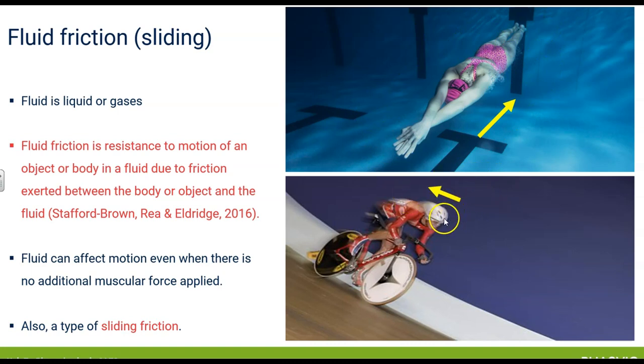So there would be fluid friction or sliding friction or surface friction between this object and the air that it's passing through, or this object and the liquid that it's passing through. So fluid friction is resistance to motion of an object or liquid body in a fluid due to friction exerted between the body and the fluid.